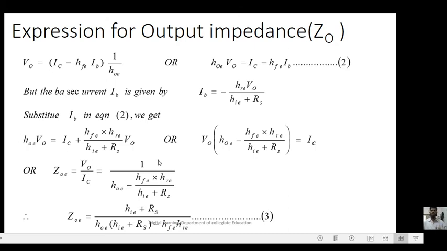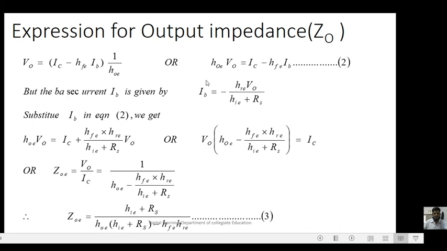So we know that HOE V0 equals IC minus HFE IB, equation 2. But the base current IB is given by IB equals minus HRE V0 divided by HIE plus RS.